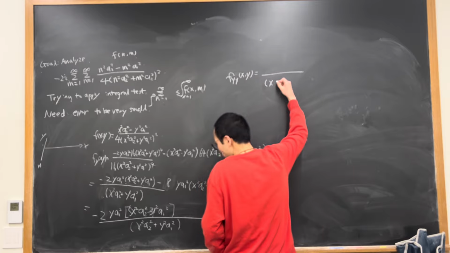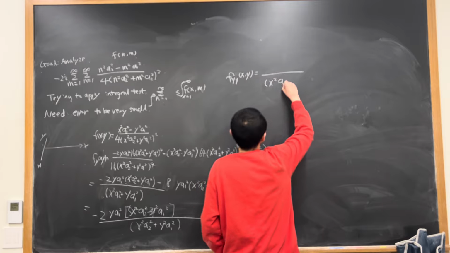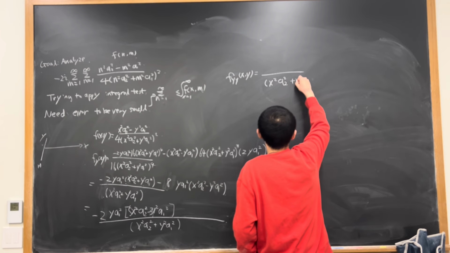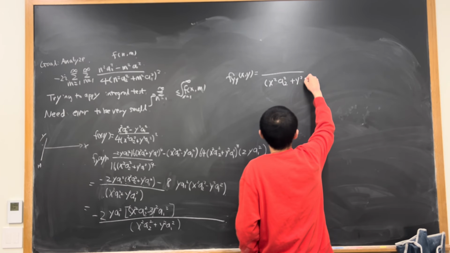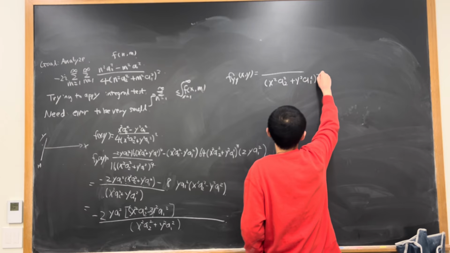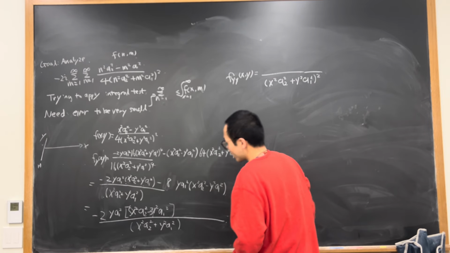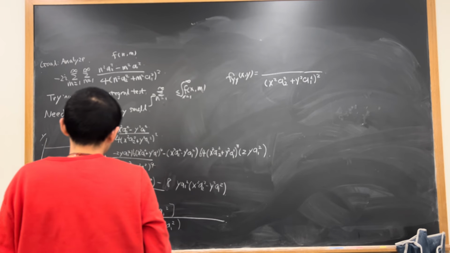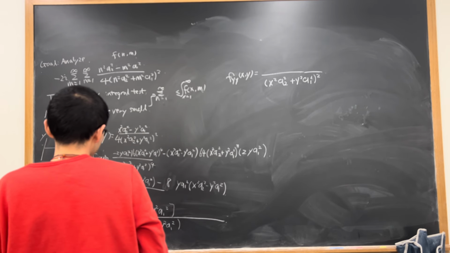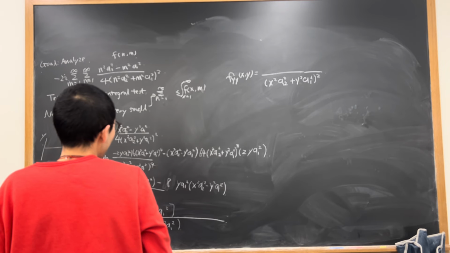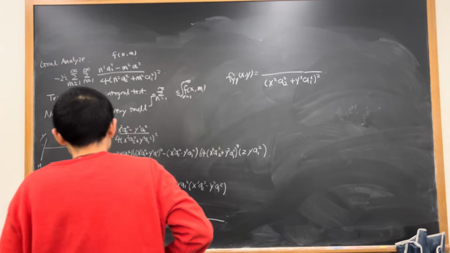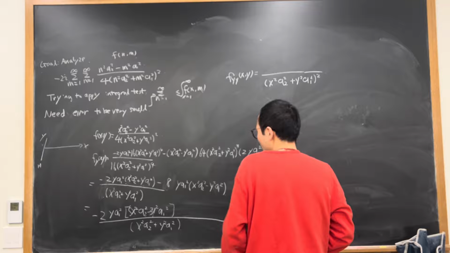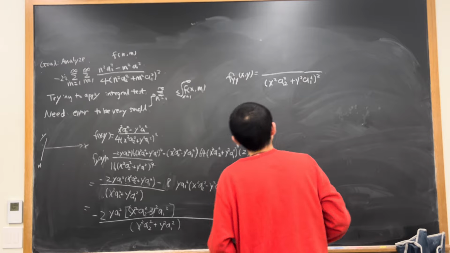So I think on the bottom I have (x squared a2 squared plus y squared a1 squared) squared. Okay. So for the first derivative at the top, I think this is the product rule, right?